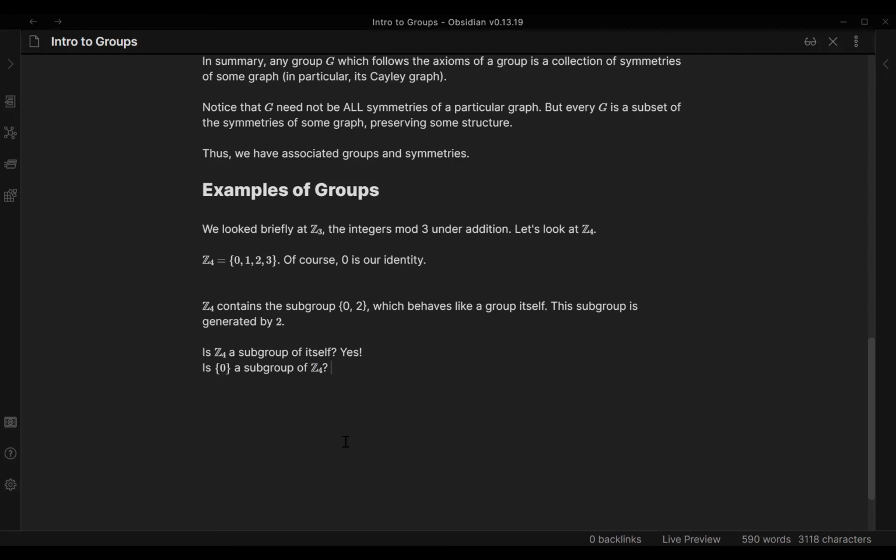It's not a proper subset, but it is a subset. And then what about just the set {0}, just the identity? Also, yes. Not very interesting, but yes. These are called the trivial subgroups. Every group has trivial subgroups: itself, and the identity.